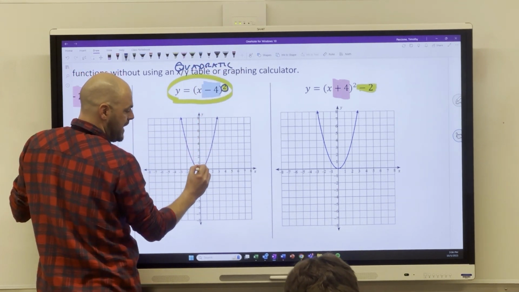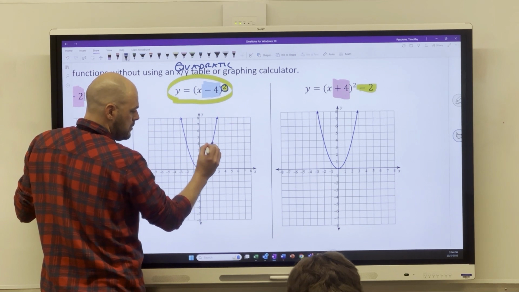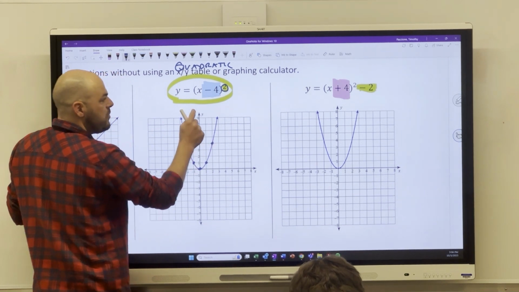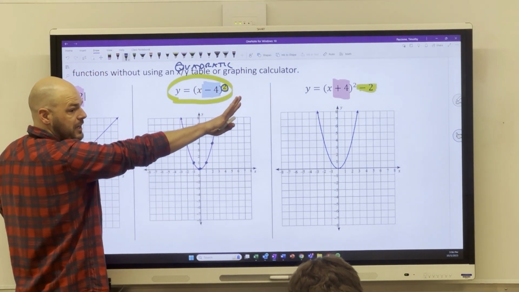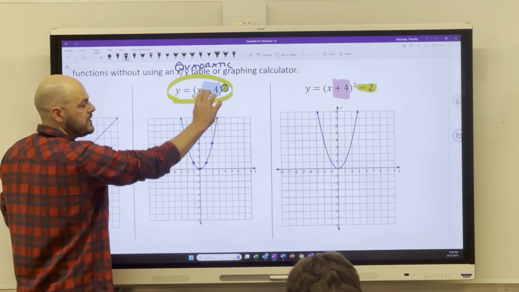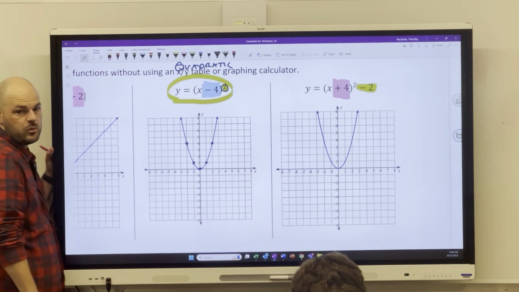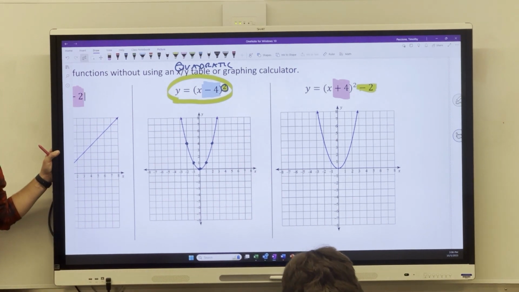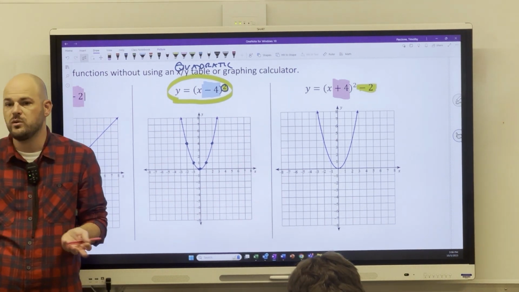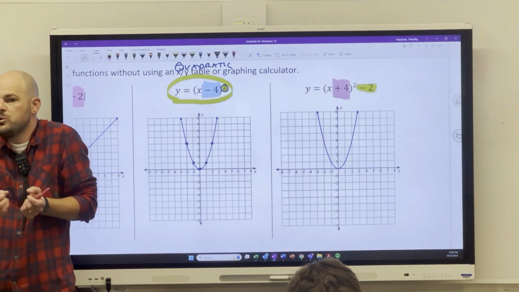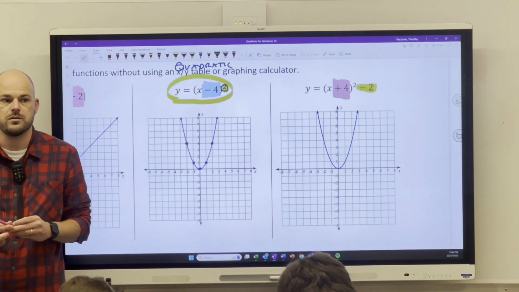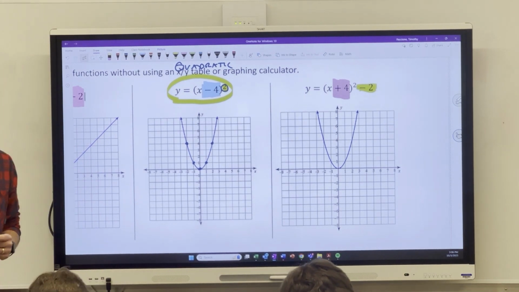So I got this thing I gotta add. And then that's all you need to worry about it for, because then the -4 tells you take your parent function and move it to the right 4. Okay? So it matters, but not in terms of we're not calculating points. We're not doing an XY table right now. We're just shifting based on transformations. Okay? And the -2 at the end, does that also matter?